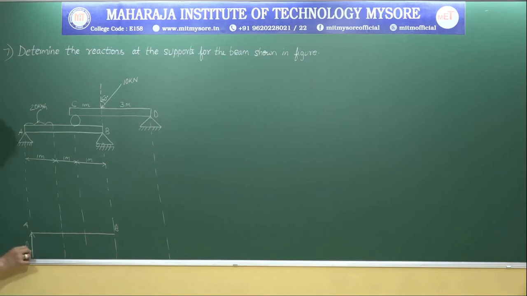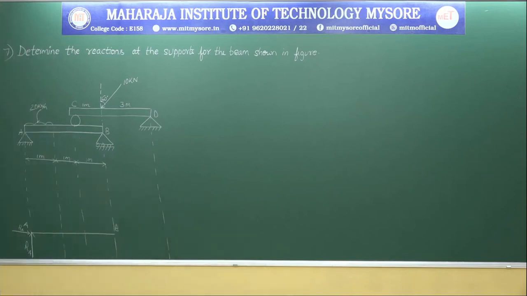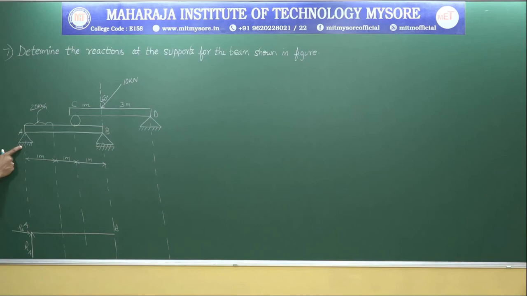This is RA. There is one more, that is HA. One is RA and one more is HA. At A it is a hinged support, therefore one is RA and one more is HA.